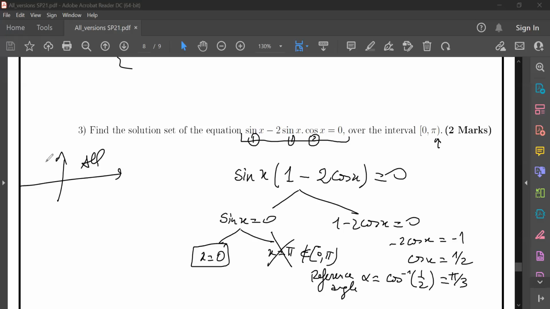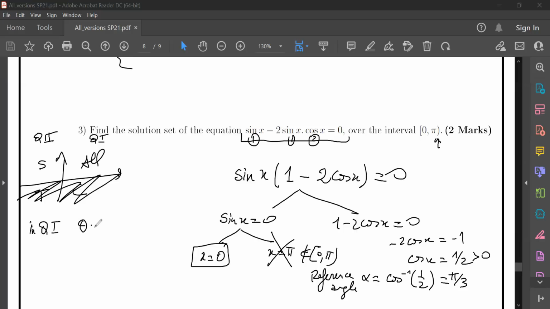All STC. Cosine is positive. We need [0, pi] only, so we need only Q1 and Q2. And we want cosine half positive. So here, cosine half positive is in Q1 only.